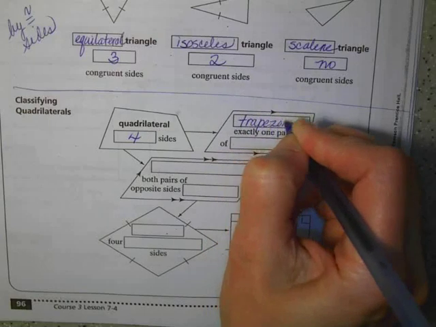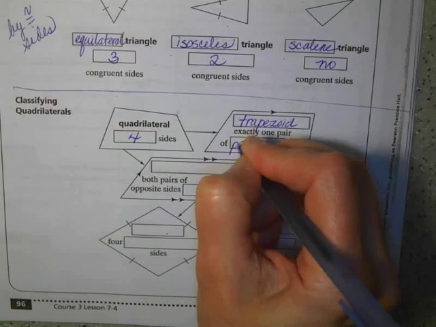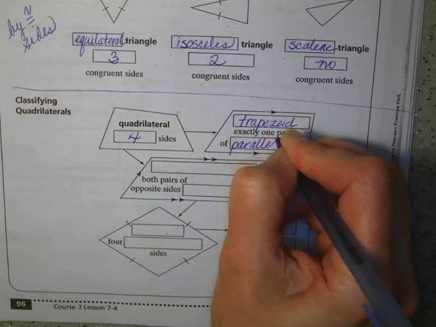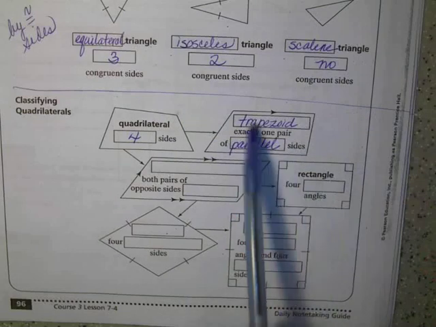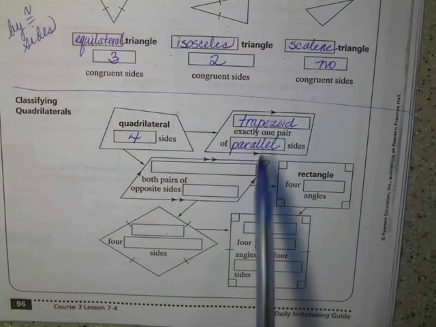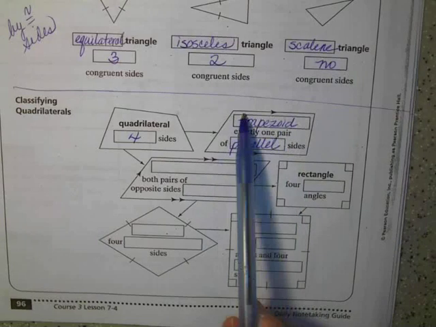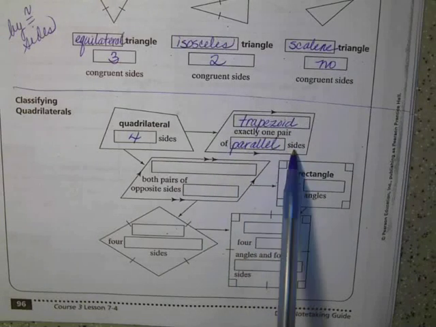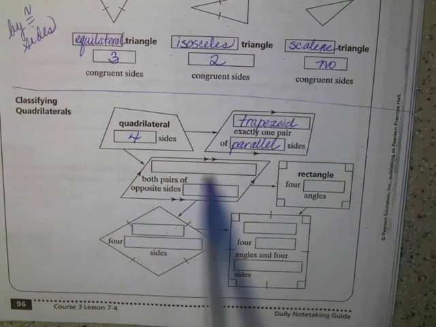A trapezoid has exactly one pair of parallel sides. So quadrilateral has four sides, trapezoid has parallel sides. These little arrow-looking things are used to represent parallel. So here the top and the bottom are parallel. That makes it a trapezoid. And that's it. That branch ends right there.